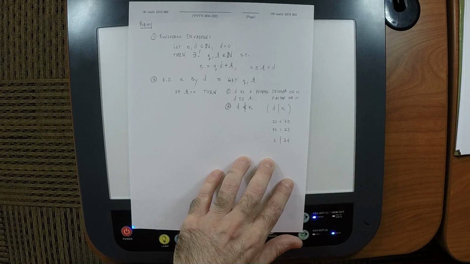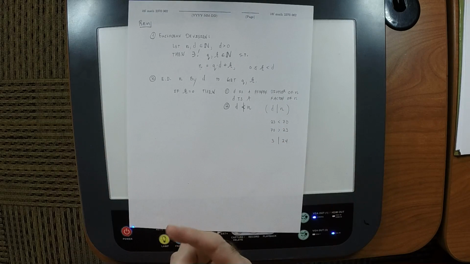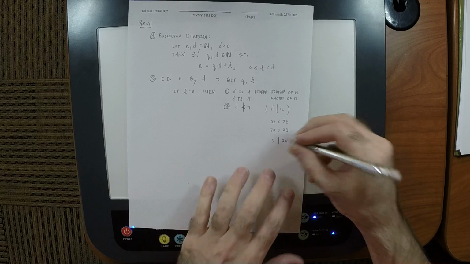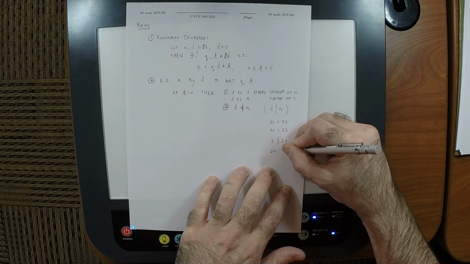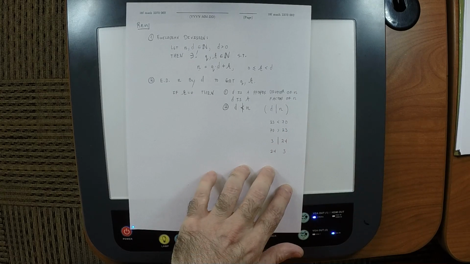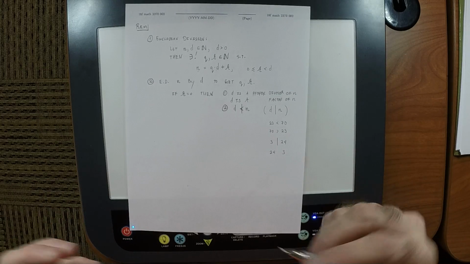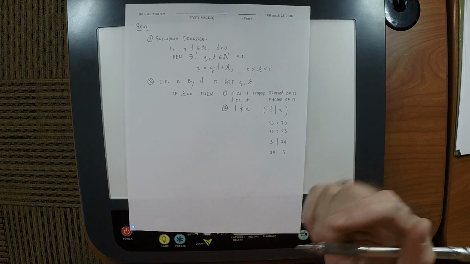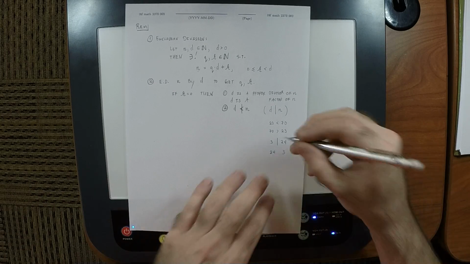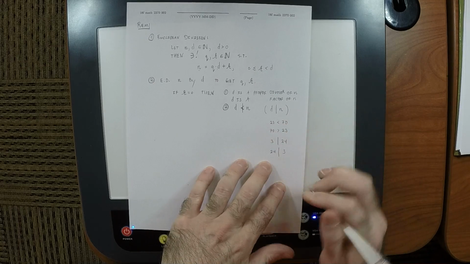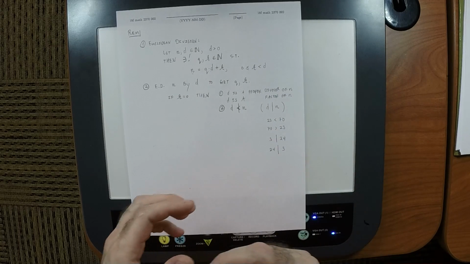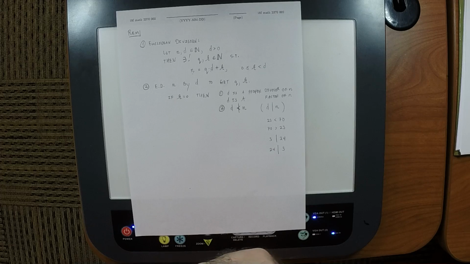That's a true statement. But if you wanted to have a true statement, and the 24 was on this side, and the 3 was on that side, then you can't do it, right? Because that bar is horizontally symmetric. You can't flip the bar around. See what I mean?